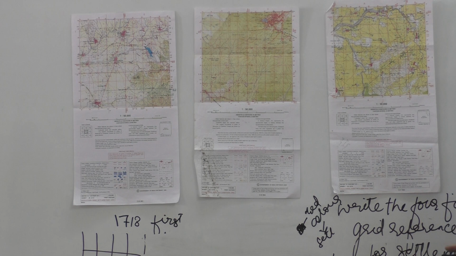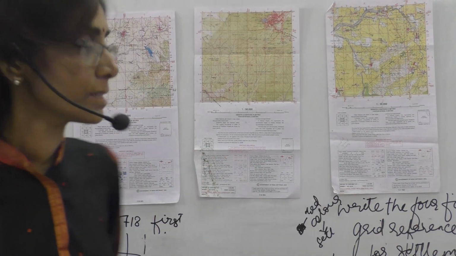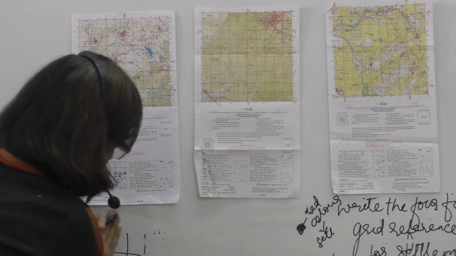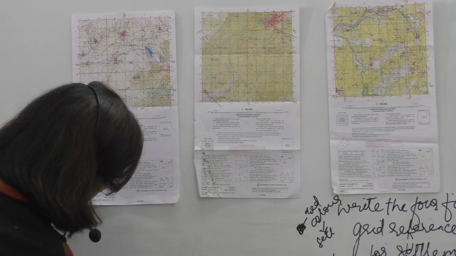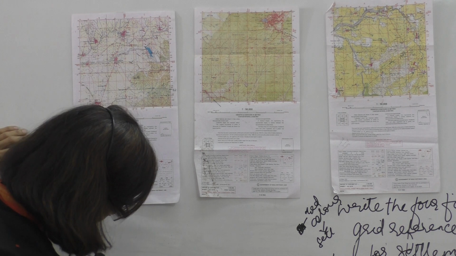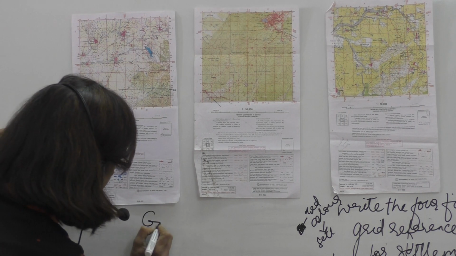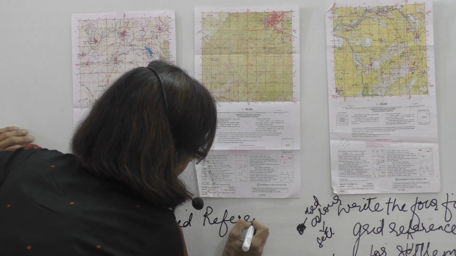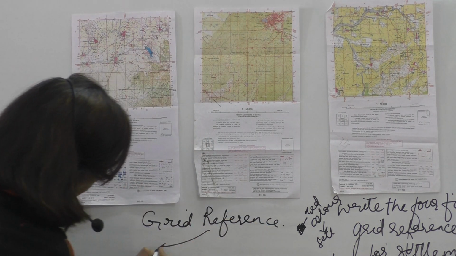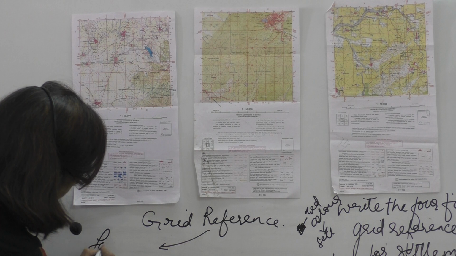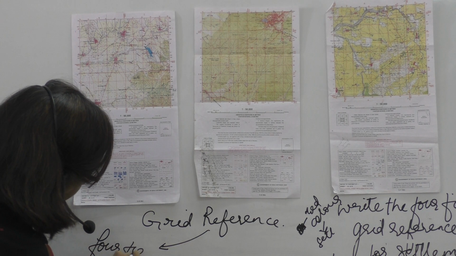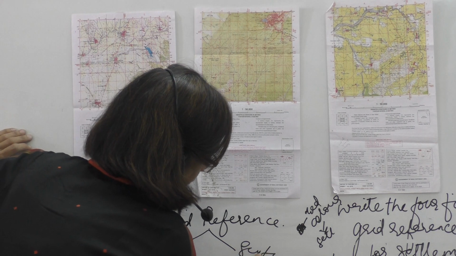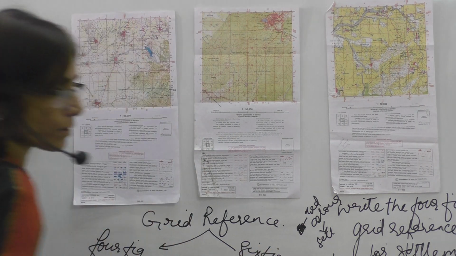This was only one part where we were doing the 4-figure grid reference. You have to remember the grid reference is of two kinds. Grid reference questions are of two types: 4-figure and 6-figure.